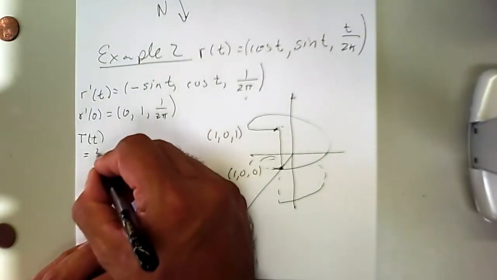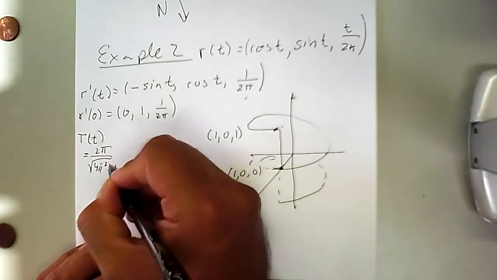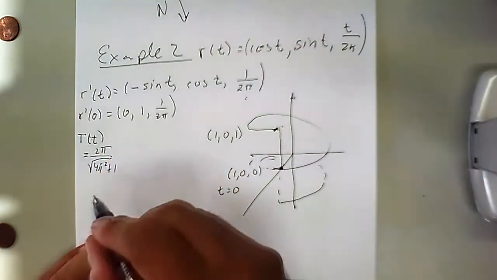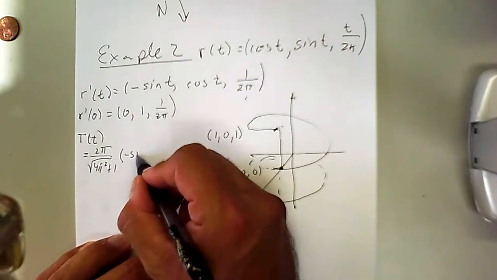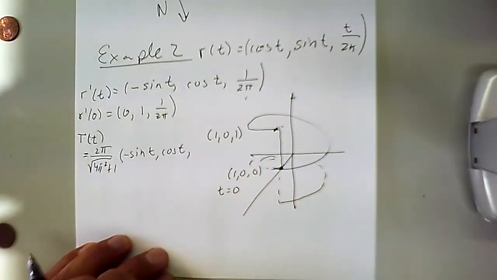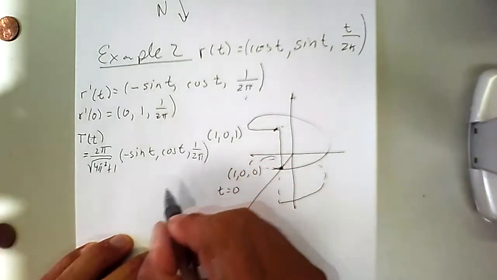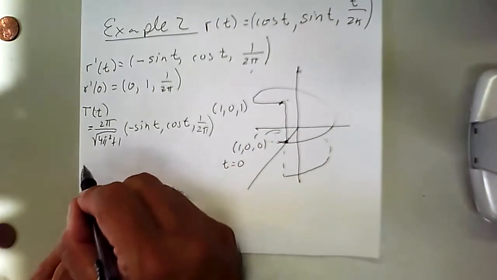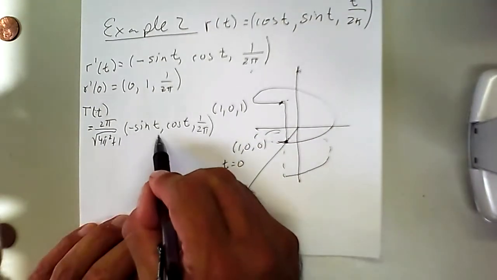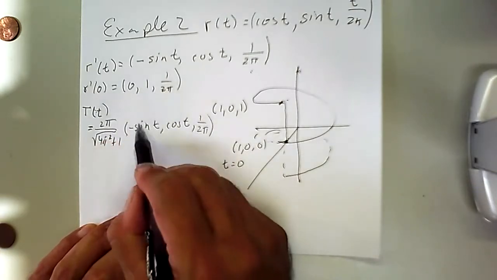It is 2 pi over the root of 4 pi squared plus 1, times negative sine t, cosine t, and 1 over 2 pi. So it has the same direction as this guy at that point, but it is shorter.